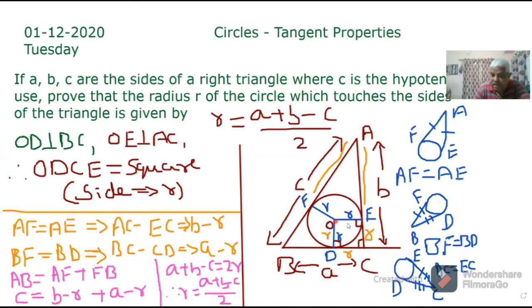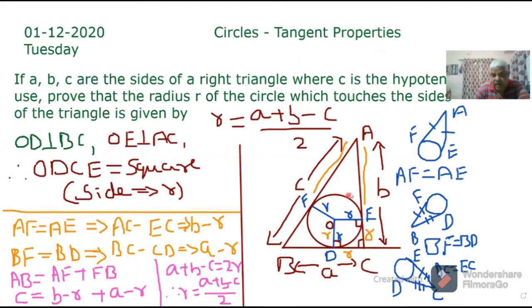Therefore, in the figure OECD, angle O also becomes 90 because we know the sum of angles of a quadrilateral is 360, and three angles are 90, so the fourth angle will be 90 degree only. Then ODCE I considered as a square, and its side will be r.